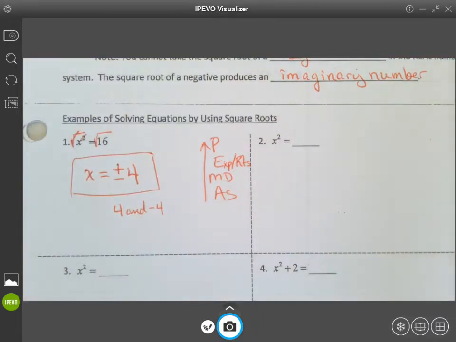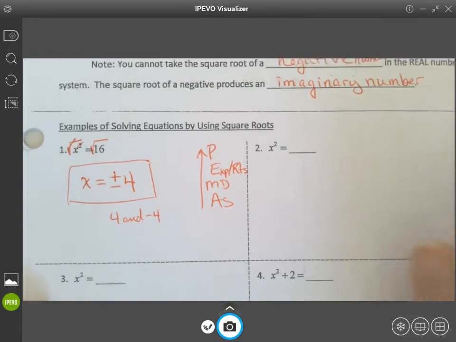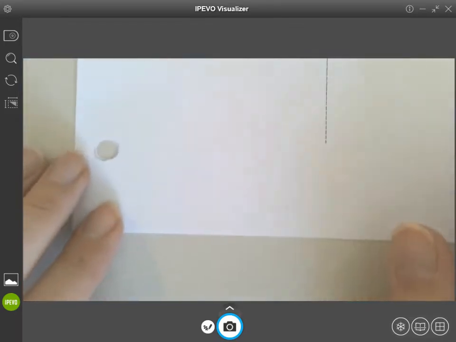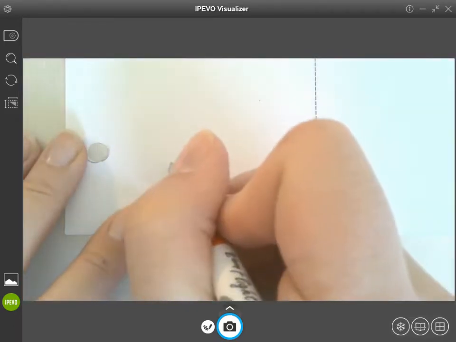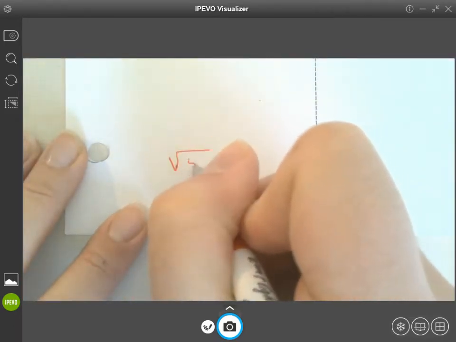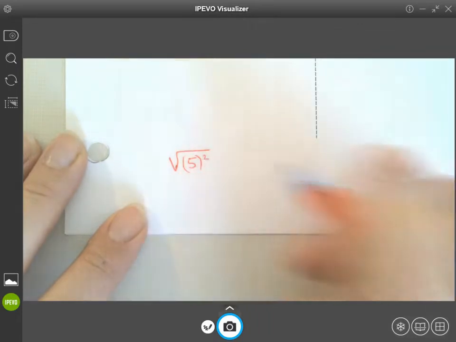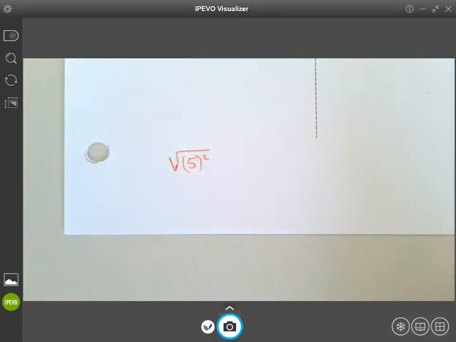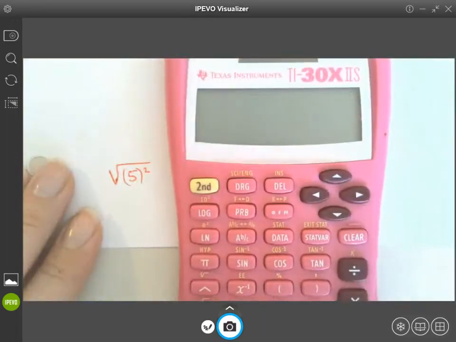Okay, this is what I need you guys to think about. Just come down here. I'm going to do a little scribble work. If I gave you the square root of 5 squared, let's type that in our calculators exactly as it is.